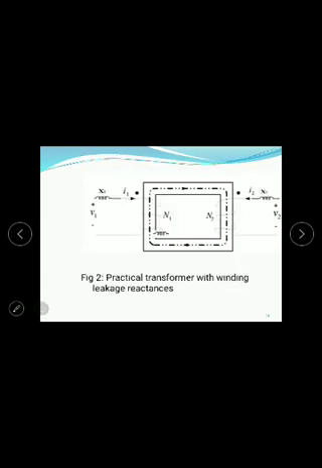So the leakage flux at the primary side is denoted by reactance X1, and the secondary leakage flux is denoted by reactance X2 at the secondary side. So the practical transformer with winding leakage reactances is shown in the figure.